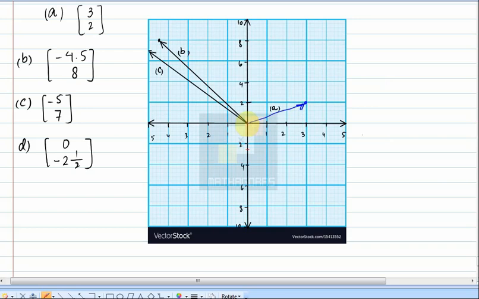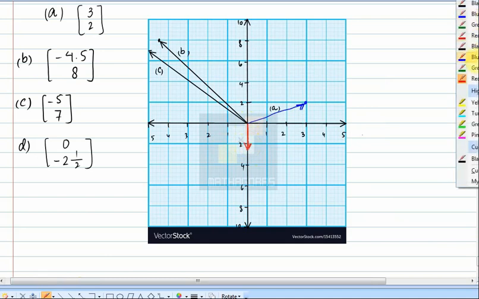So the vector will be, that red is your vector. I hope that you can see it easily. That is your column vector for part D, right? It's minus 2.5 on the negative y, and there is no movement on the x-axis.